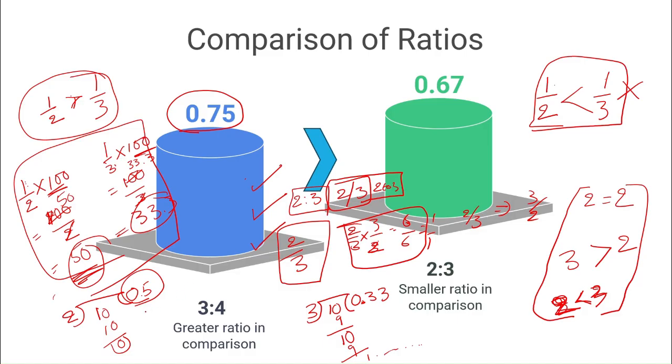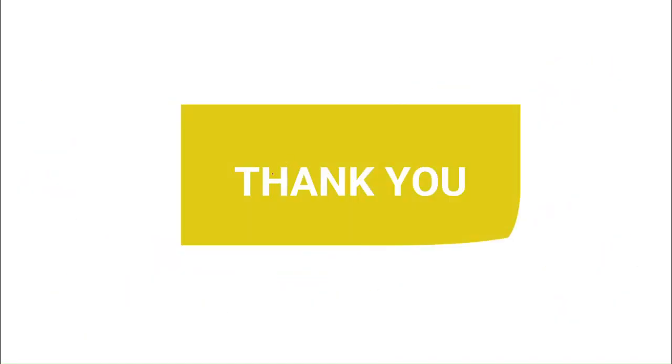So in this case also 0.5 is greater than 0.33. Just not to go to this much level, I gave in this example 50 and 33. So this is easy to compare. This way you can easily compare ratios. And in the next session we will discuss proportions, fractions, all those things. Thank you so much for this.